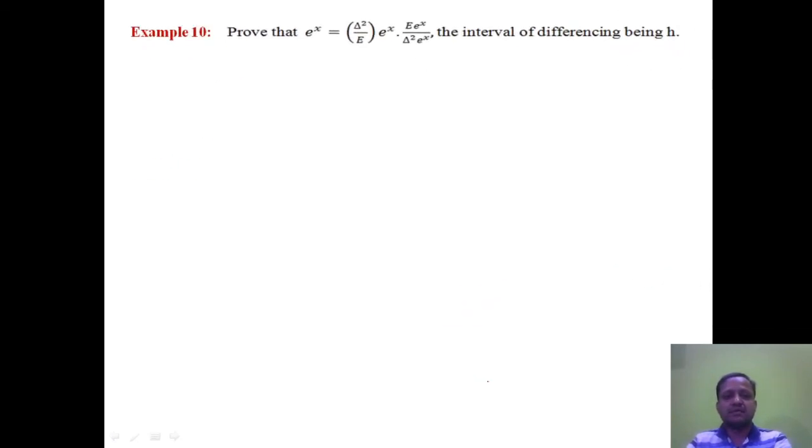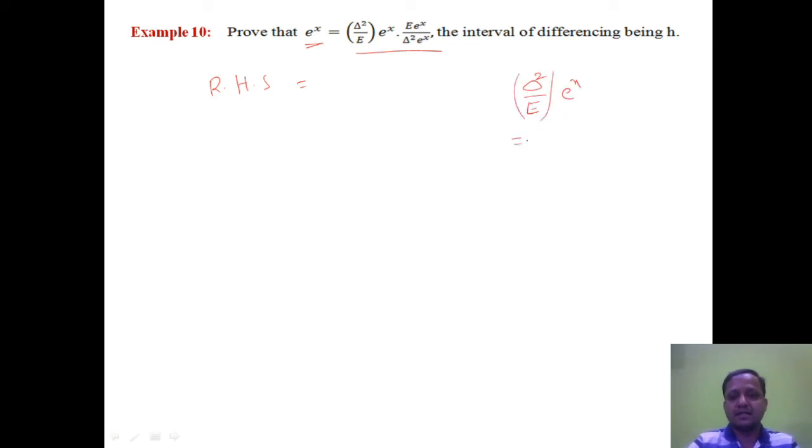Hence, the next one: prove that E power x is equal to this one. If it is like this, you can consider the RHS part. In that, you take this small part, delta square by E power x.